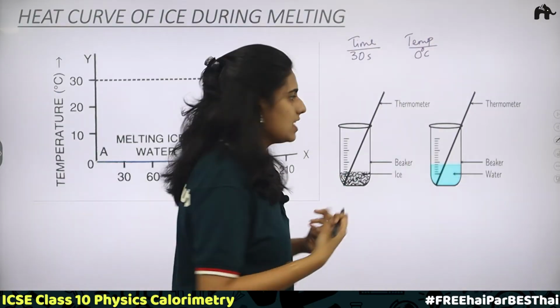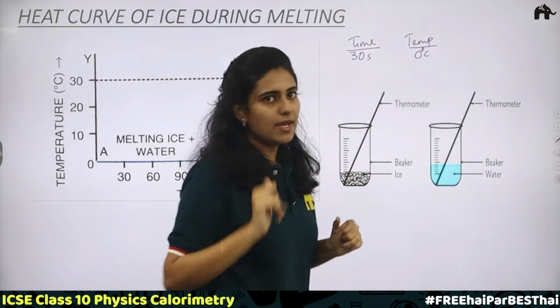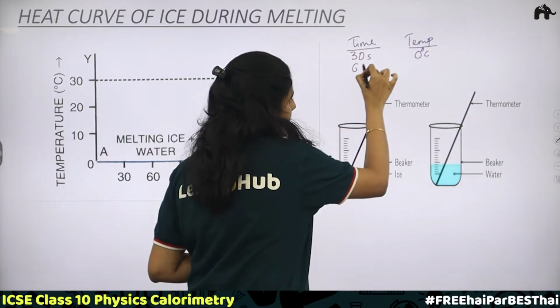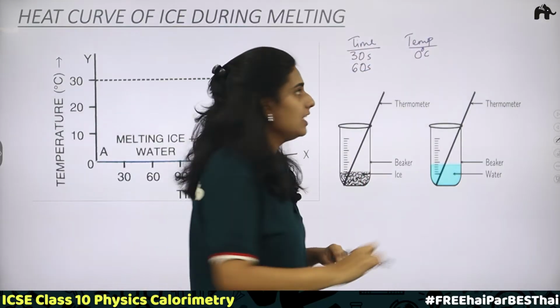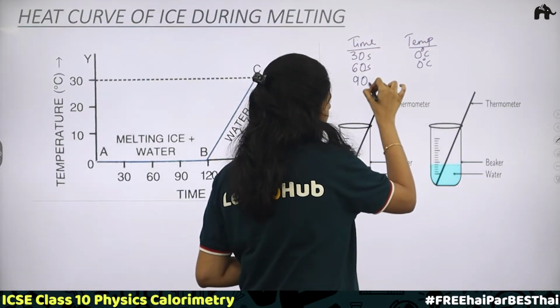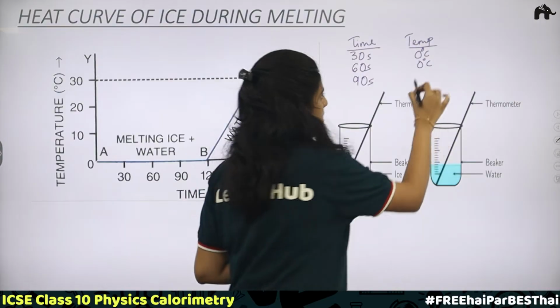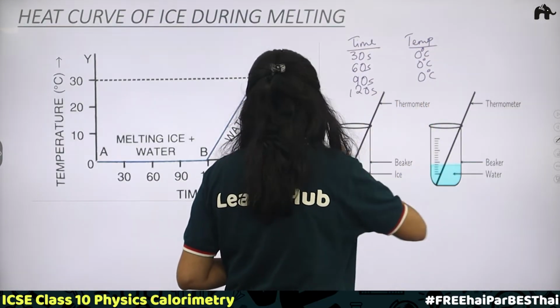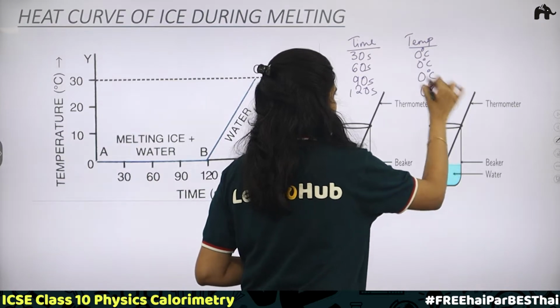So heating means what is happening? The ice will start melting. Next, after 60 seconds when you check, again the temperature is 0 degrees Celsius. Next, at 90 seconds you are going to check, it is 0 degrees Celsius. At 120 seconds when you check, again it is 0 degrees Celsius.